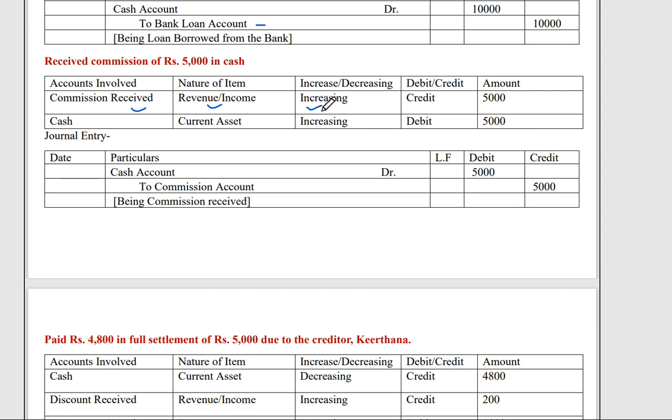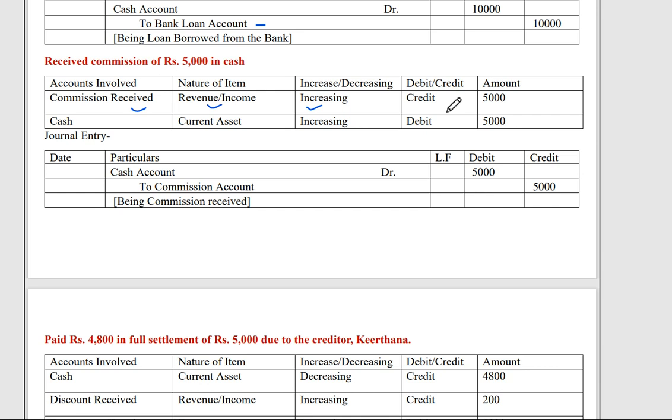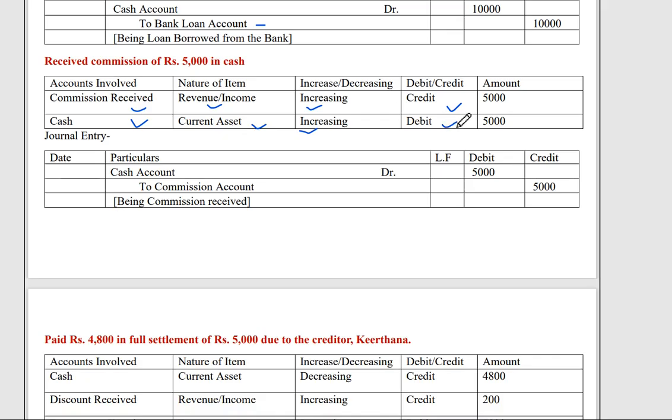Obviously when income increases, we have to credit the item as per the rules. And cash is coming to the business in the form of commission. So cash is a current asset which is increasing in our business. Hence if an asset is increasing, then we need to debit the item.